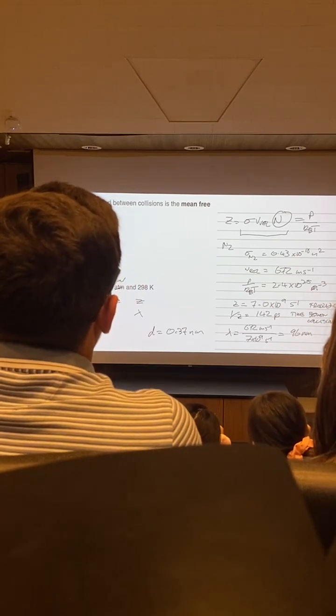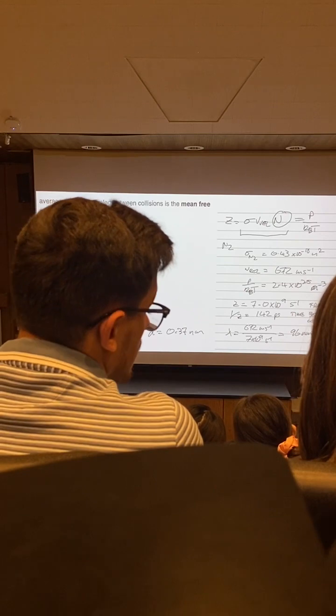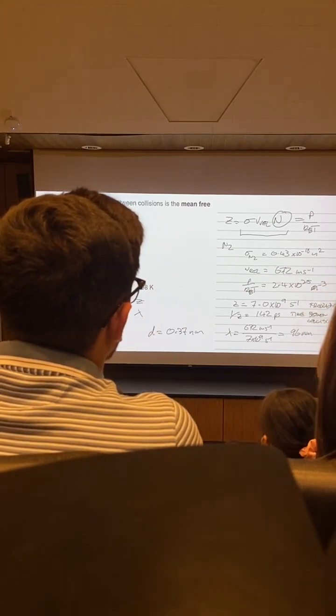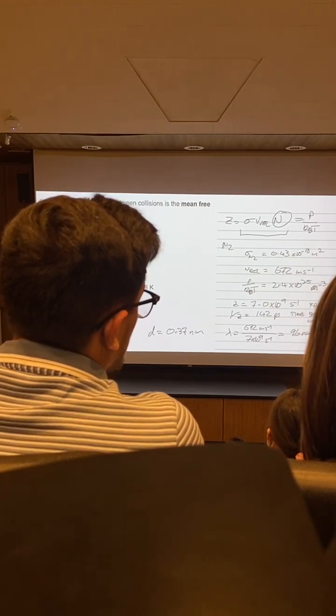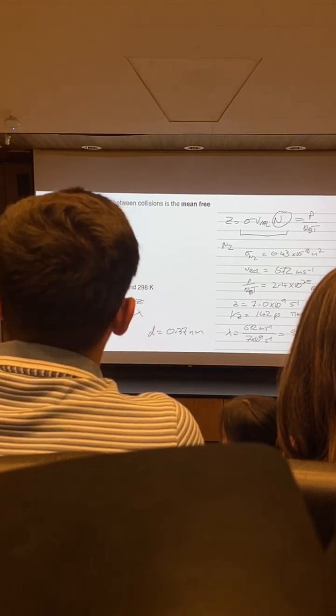Just for clarification, what units is that for the 2.4 times 10 to the 25? Inverse meters cubed, meters to the minus 3. It's an inverse volume. Again, it's a density we're measuring, a concentration, the number of molecules per unit volume.